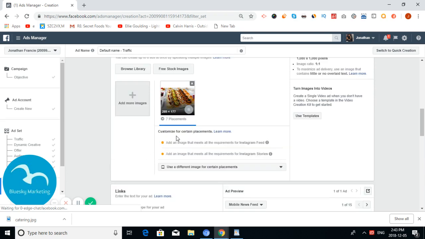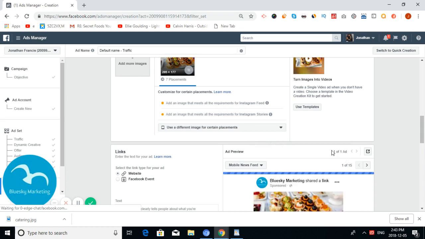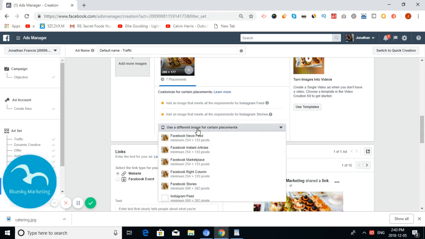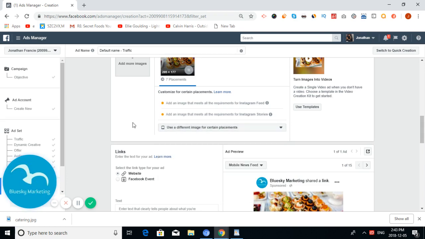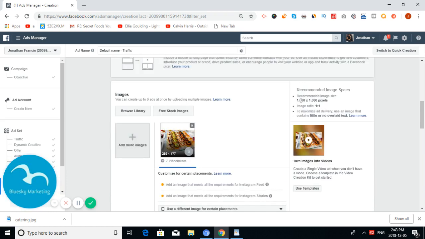So if you see here, it says add an image that meets all requirements for Instagram feed. So it's saying a dimension of at least 500 times 262 pixels is required for Instagram, and also a different version for stories. So you could use different images for certain places, right? If you want to use one image for Facebook, you could use a different image for Instagram, etc. You could really get detailed, but if you do want an image that is going to show for all, then you should just look at the recommended specs.